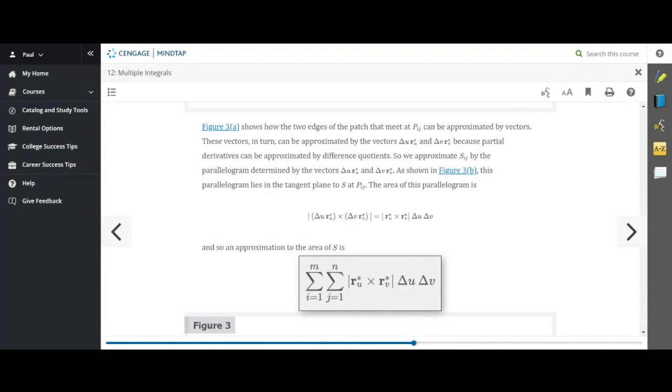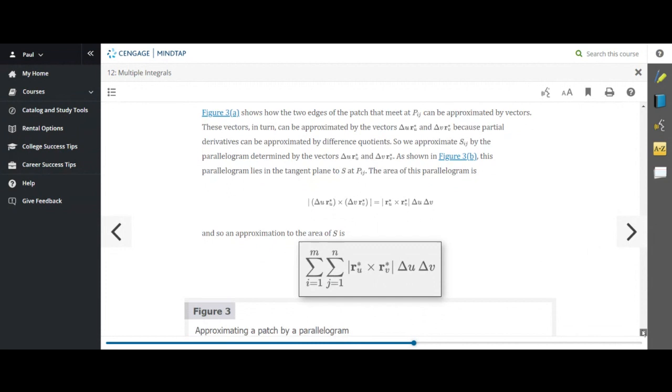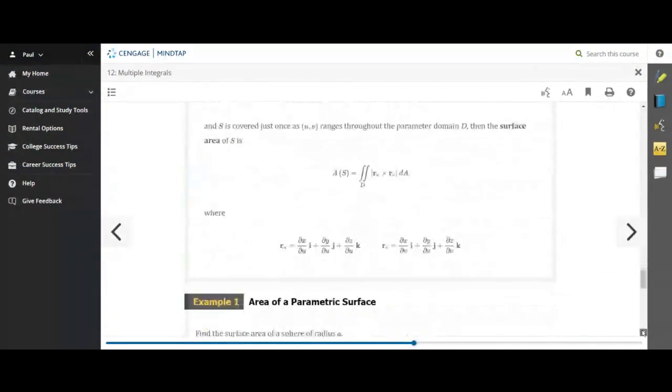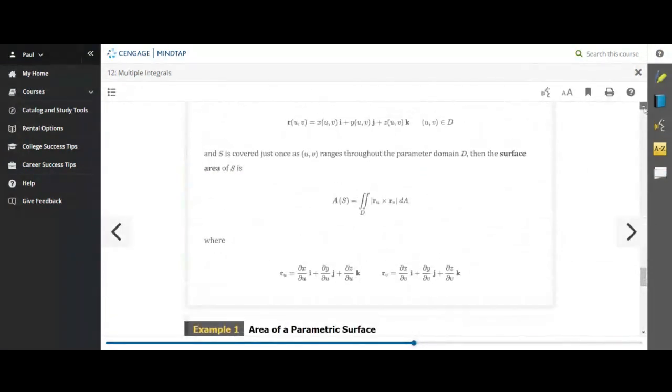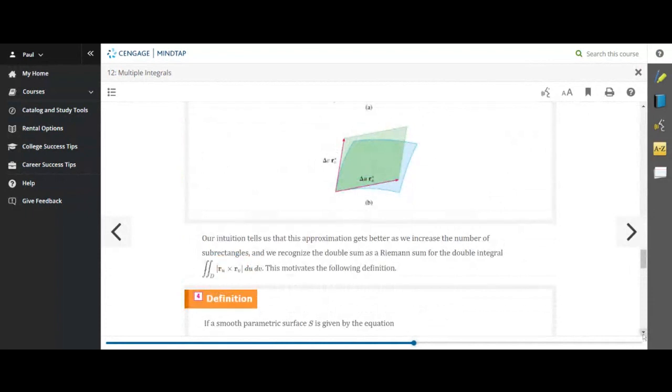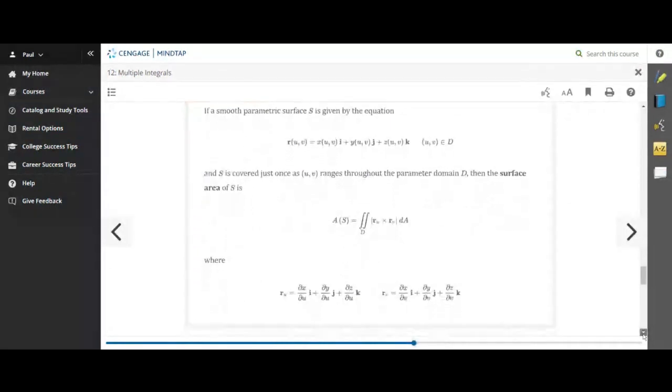If you had delta X and delta Y, you'd have no problem saying that in the limit that becomes dy dx, hence dA, a differential for area. So, this makes sense.